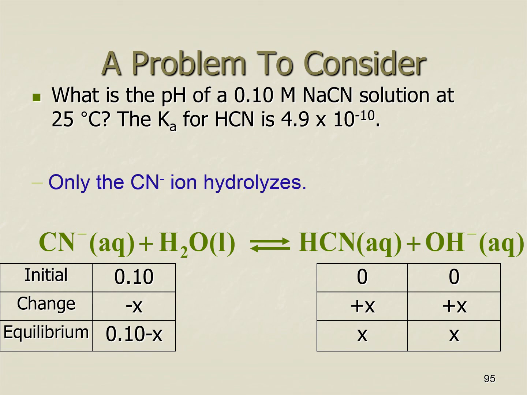And then some of the CN negative will hydrolyze, so we'll call that minus X, and then on the other side plus X. And then 0.1 minus X is our base concentration at equilibrium, and X is our HCN concentration and our OH negative. Plug that into our Kb.